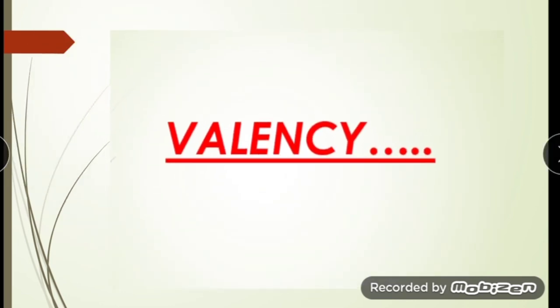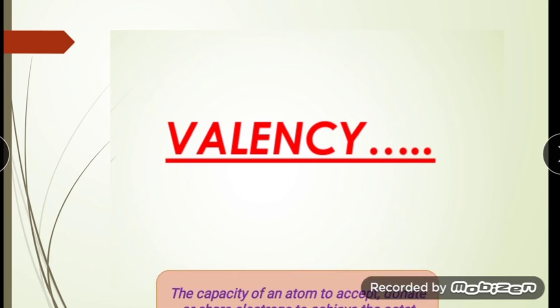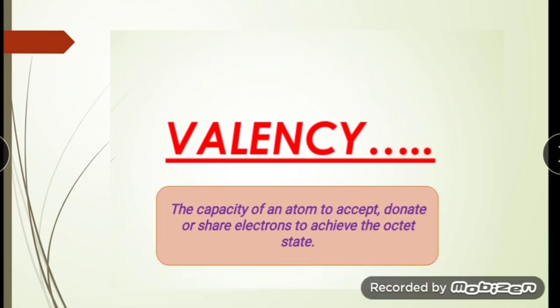It means the combining capacity of an element. What does it exactly mean when we say the combining capacity of an element? It means how many electrons can be given, taken or shared among them. Hence, the definition of valency is the capacity of an atom to accept, donate or share electrons to achieve the octet state.